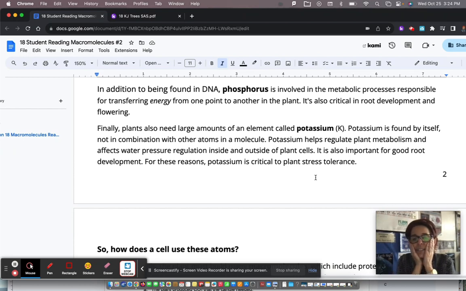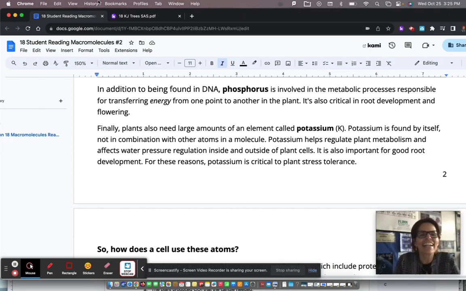Oh yeah, hypertonic and hypotonic, that's about potassium. Remember that plants want a hypotonic, they want to have lots of water pressure, that's good for them. And if they're in salt water, it makes them hypertonic and they wilt. That's what we're talking about here. It's also important for good root development. For these reasons, potassium is critical to plant stress tolerance.